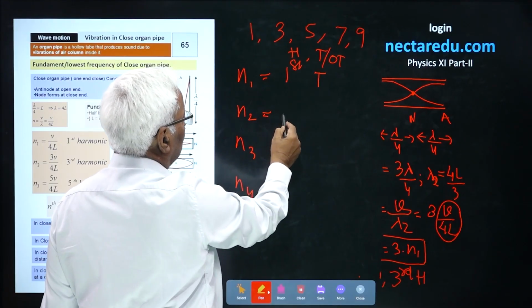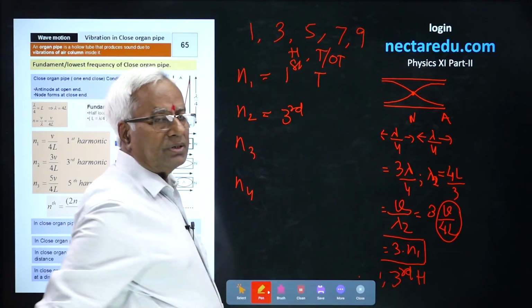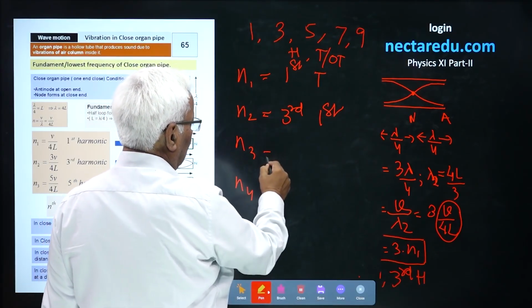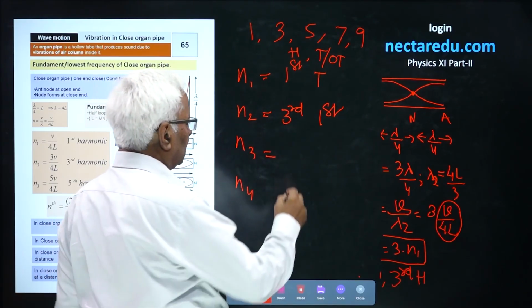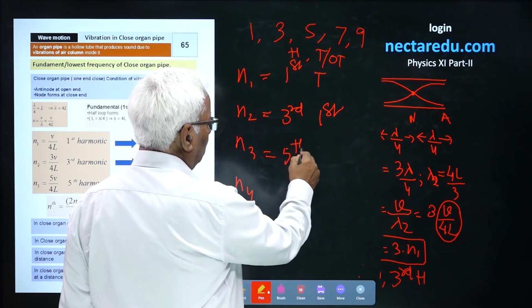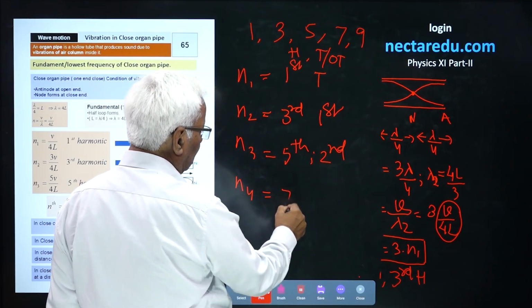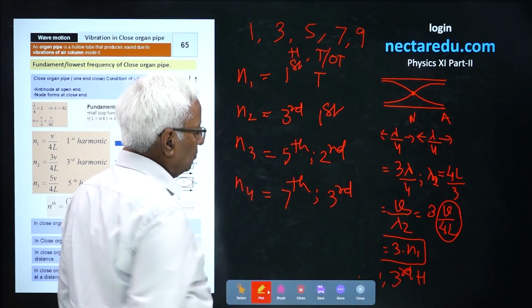Then N2, this is third harmonic. It is going to be third harmonic and first overtone. N3 will be 2 into 3 minus 1, that means fifth harmonic, but this would be second overtone. Likewise here it is seventh harmonic and third overtone.